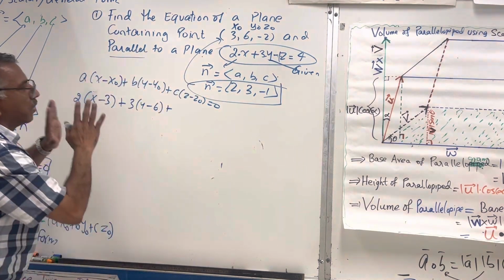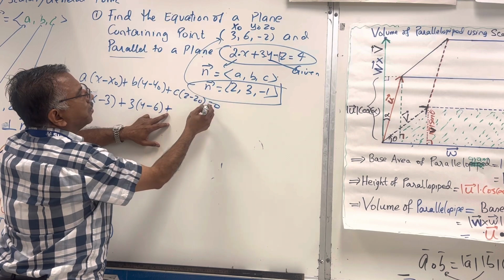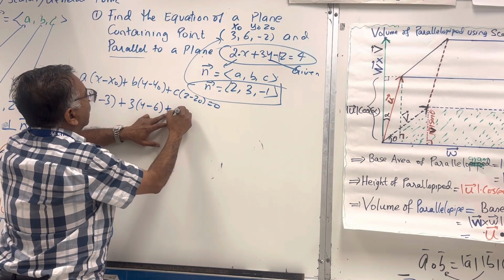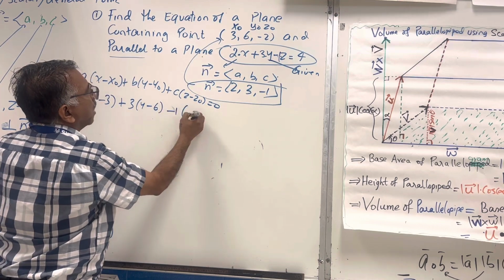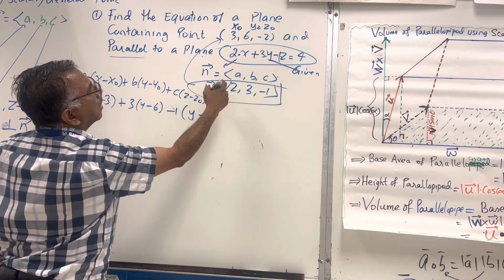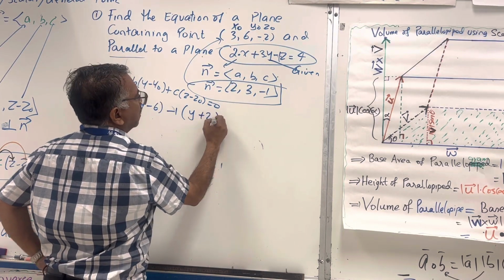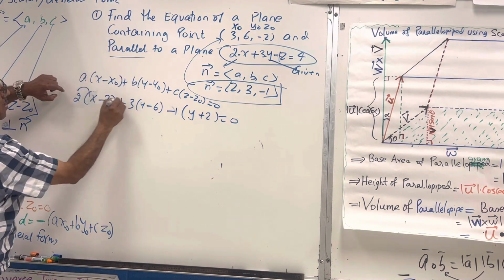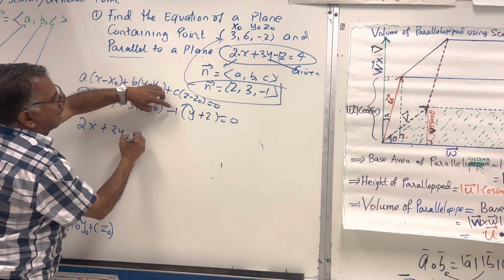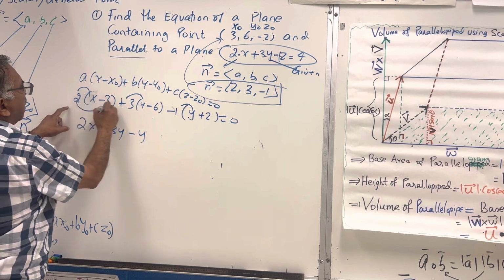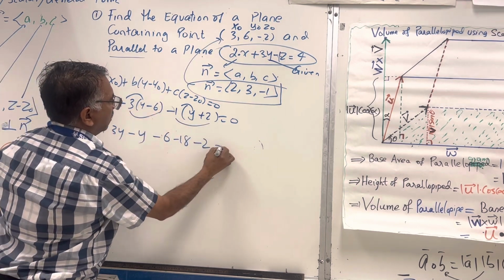I just wanted to show only one example to get an idea. c is -1, so I can write -1 times (z minus z naught), which gives +2, equals 0. Then you work it out: this becomes 2x plus 3y minus z, and this becomes -6 minus 18 and -2 equals 0.